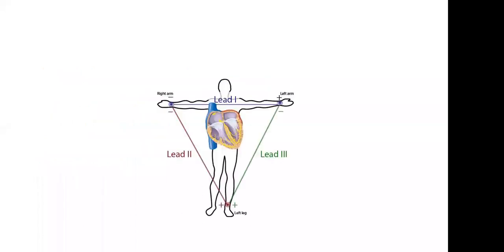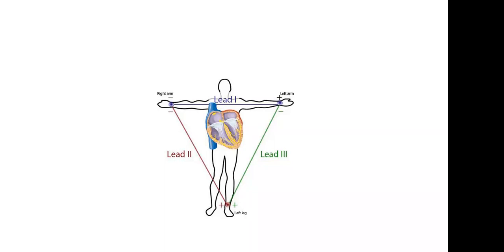Now, if you look at this diagram, when you connect the right arm and the left arm with the ECG machine in such a way that the right arm is connected to the negative terminal and the left arm is connected to the positive terminal, you record an ECG and get a pattern which we call lead 1.